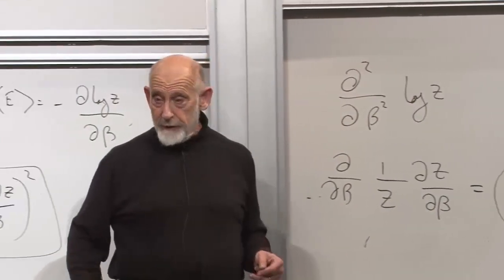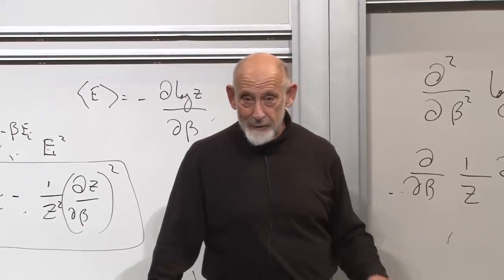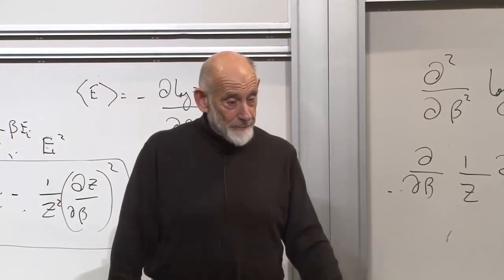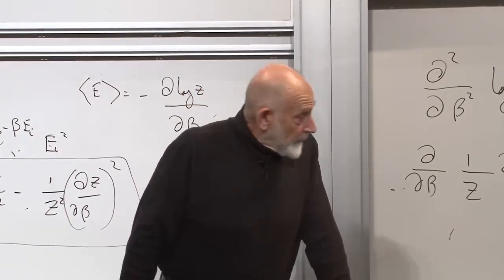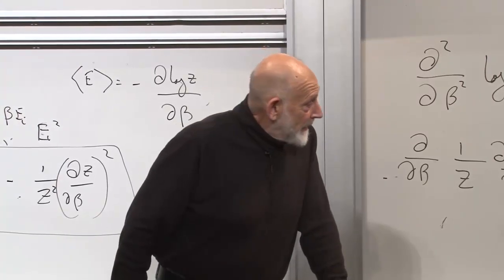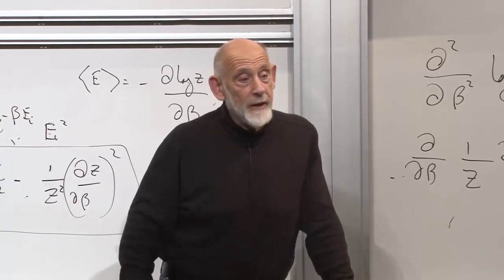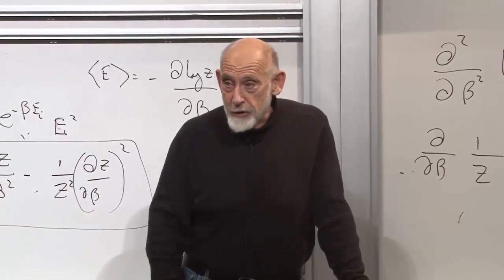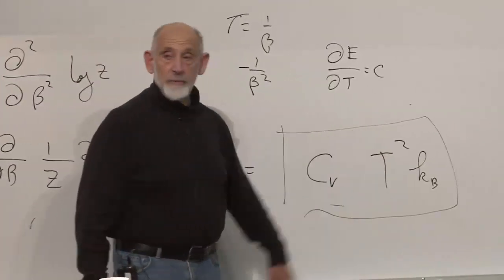This is specific heat, but it's not specific to any particular system. If you measure the specific heat, and you multiply by the temperature squared, and then you sit around measuring the energy in the sample, you should expect to see an energy fluctuation equal to this.